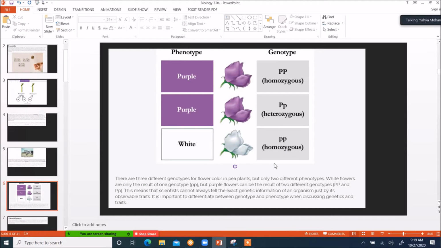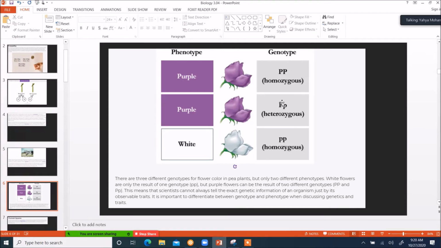So let's take a look at this picture over here. Let's first look at the genotype, over here on the right. This is basically what's in the DNA. There are different varieties, you see the capital letter and the lowercase letter. You all remember we always have two alleles, one from the mother, one from the father.